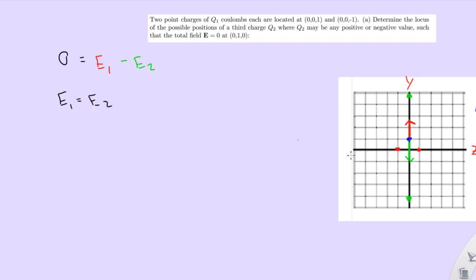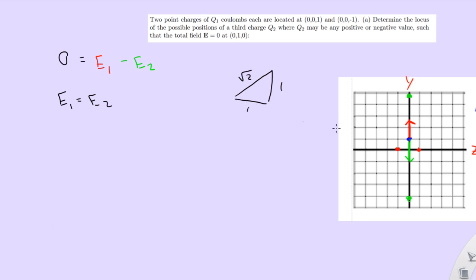So let's start with E1. First, let's get some information. We need to know r because we're about to do Coulomb's law. So let me make a little triangle to map out what we're doing. That's -1 to 0, so that's going to be a distance of 1. That's 0 to 1, so that's going to be a 1. This distance must be root 2 by the Pythagorean theorem.